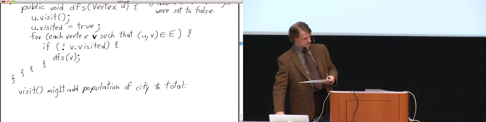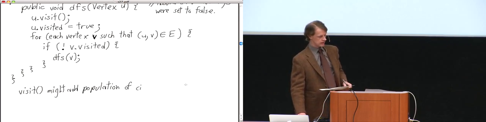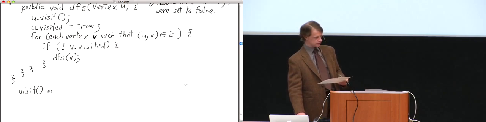So let's look at how this pseudocode behaves on the city map that we had. No, sorry, the intersection map. Let's do the intersection map.